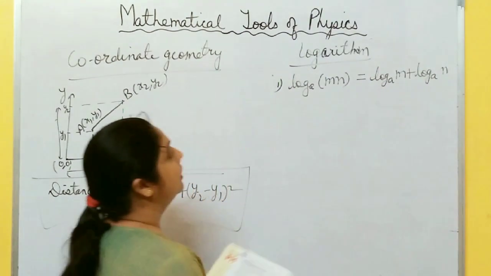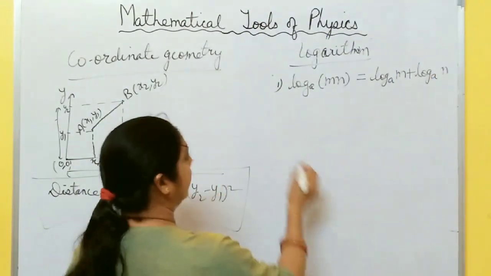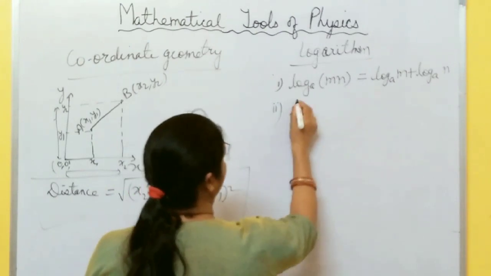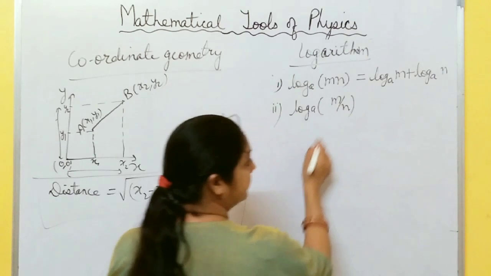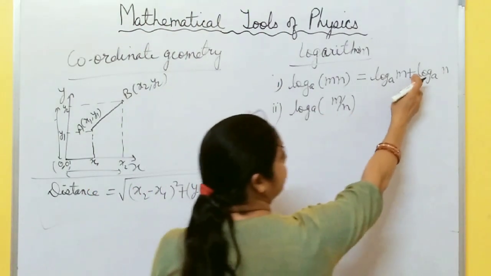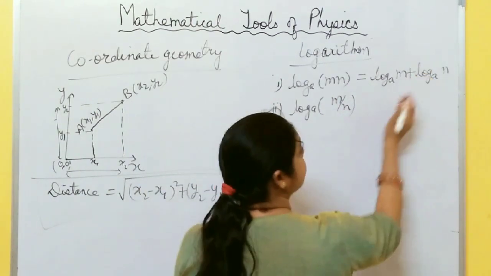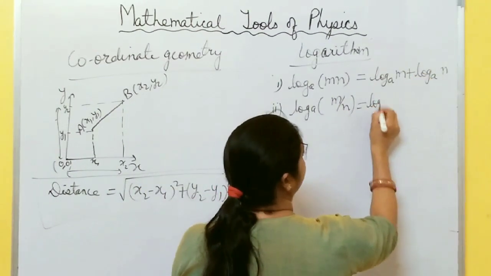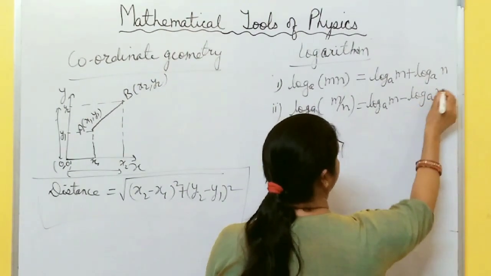Just add them. Then second one, log A of m by n. If it is division, then for product it is plus, for division it becomes a minus sign: log A m minus log A n.